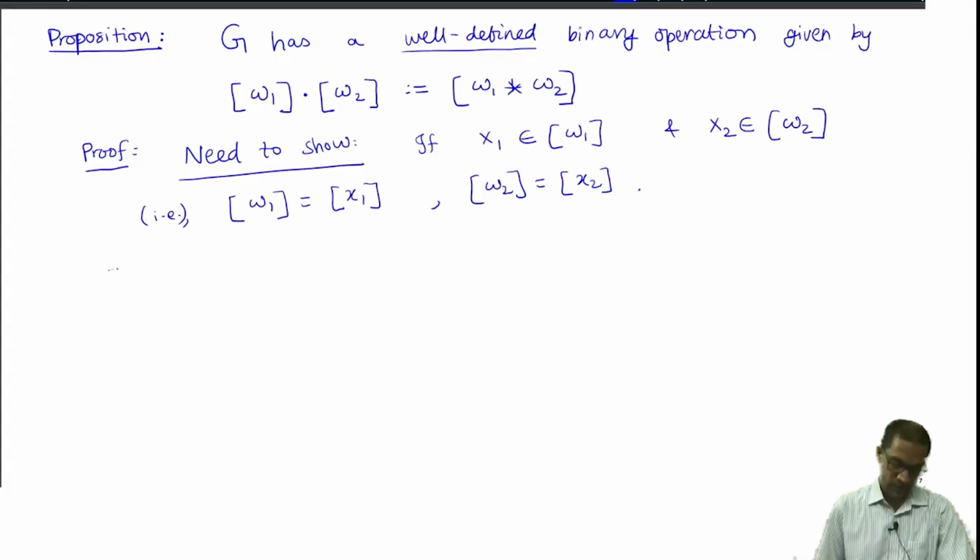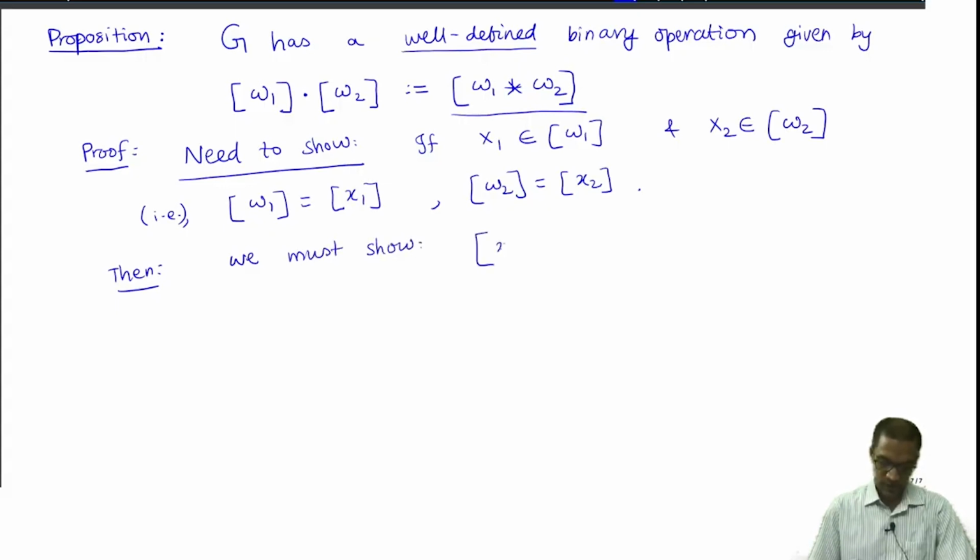Then I need to show that my right hand side will be the same answer, whether I do W1 star W2 and take the concatenation, or I take x1 star x2 and take their concatenation. The answers should be the same. So we must show that the equivalence class of x1 star x2 is the same answer as what you would get if you took W1 star W2. Okay, so this is what showing well-definedness means.